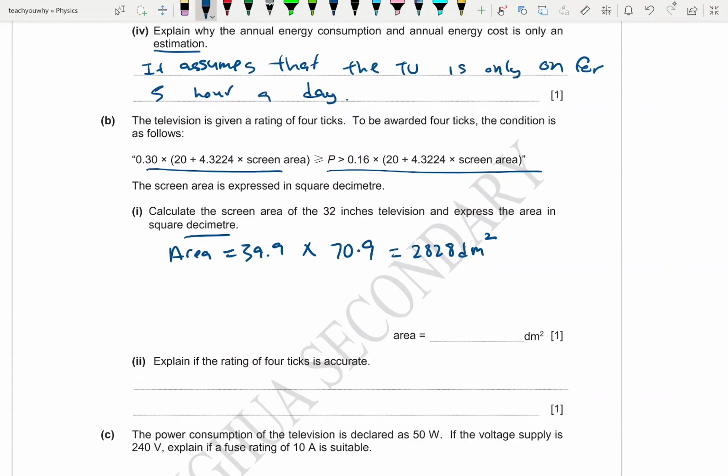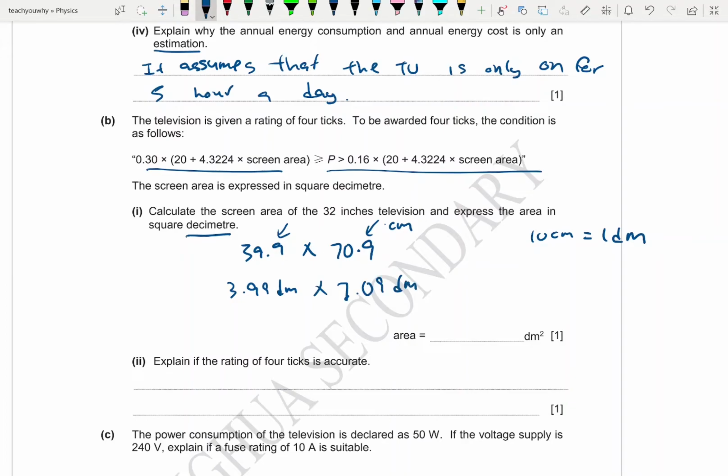Hold on. I think this is wrong. First of all, they want it in decimeter, so this is in cm. 10 cm equals 1 dm. Therefore, this is actually 3.99 dm times 7.09 dm.